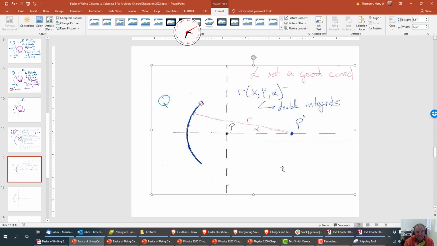All right, so you see here that if I pick this point, this alpha, for example, is not a good variable of integration.